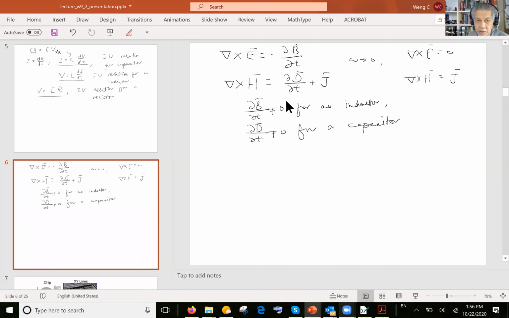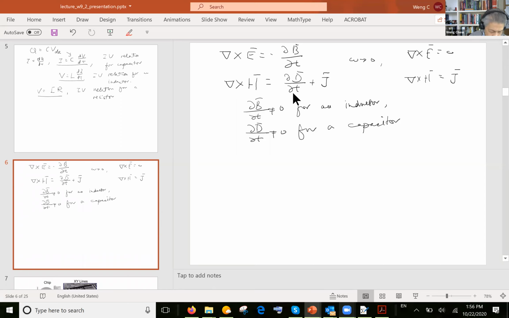We only drop these two terms when they are unimportant, like outside the capacitor and outside an inductor. So we keep these two terms inside an inductor and a capacitor. So not all of Maxwell's equations is lost in circuit theory. These two terms are very important, as you have seen before, for capturing wave phenomenon. And because of the inclusion of these two terms, we can actually capture wave phenomenon with circuit theory.